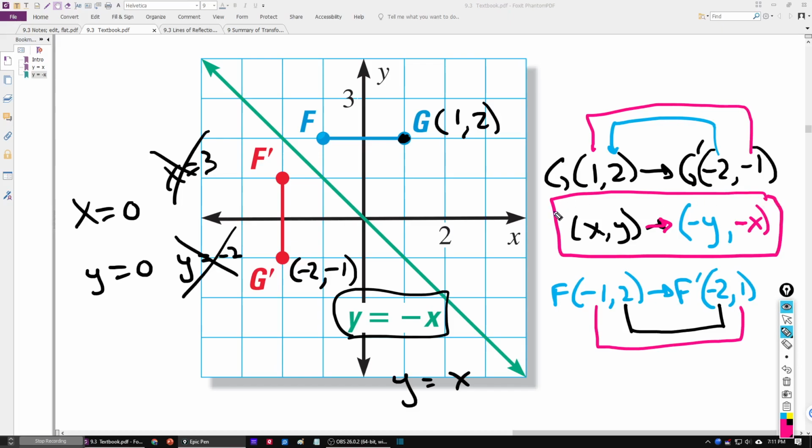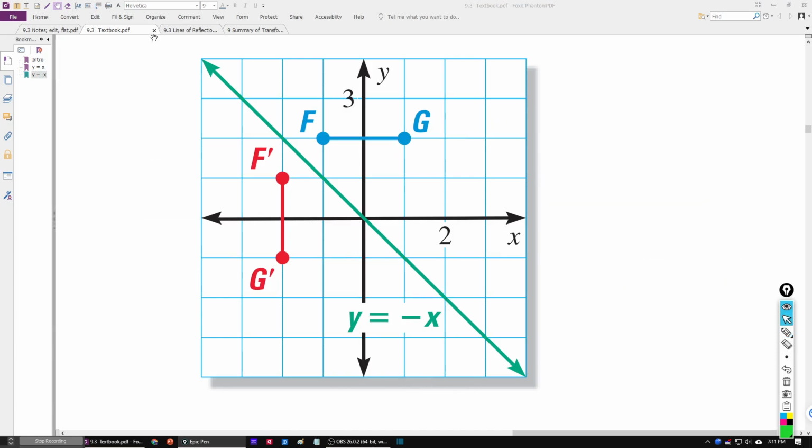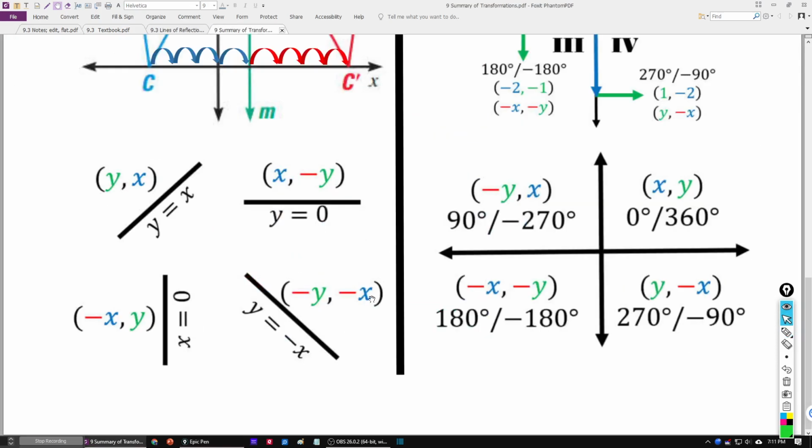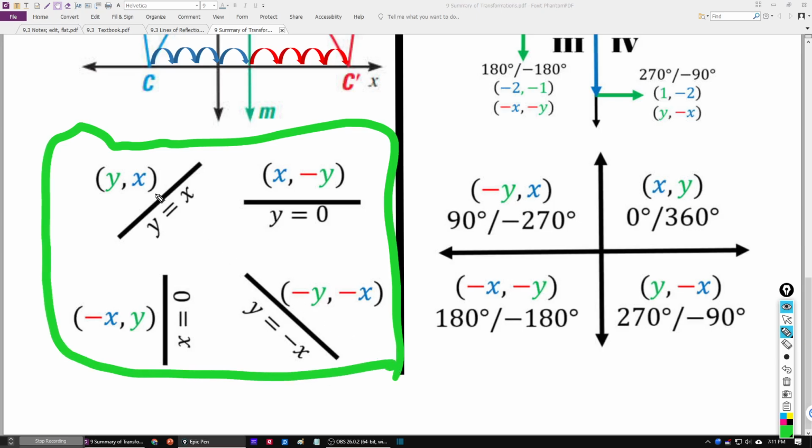If you can create a rule of transformation, or even better, and we will be doing this in class, memorizing this and the other 3 rules of transformation. So those are over here. Here are the rules of transformation that we want to memorize.